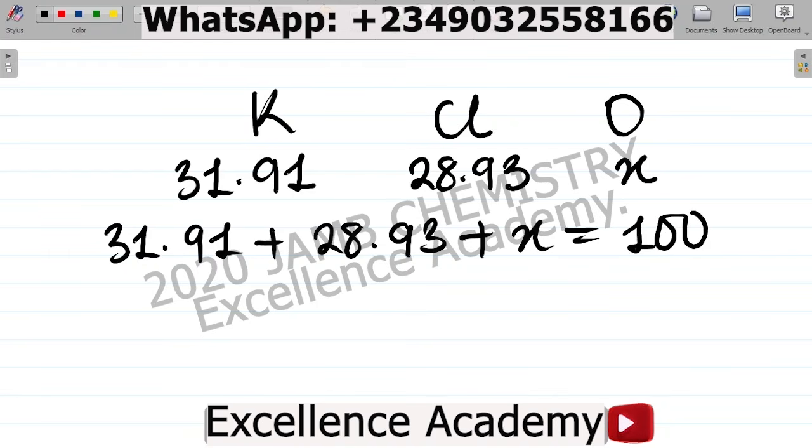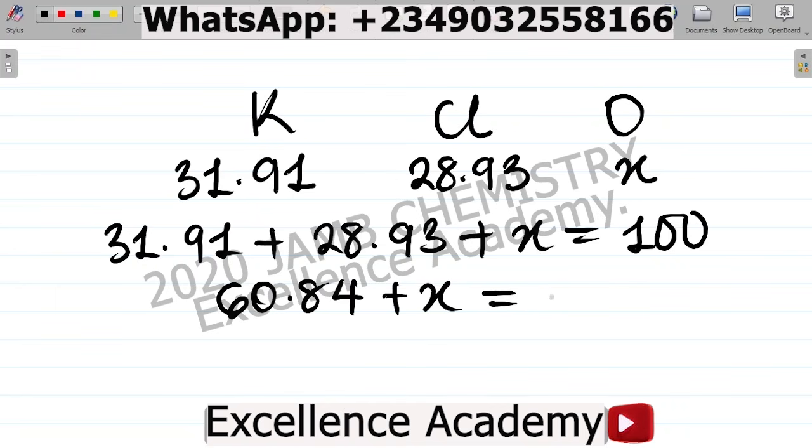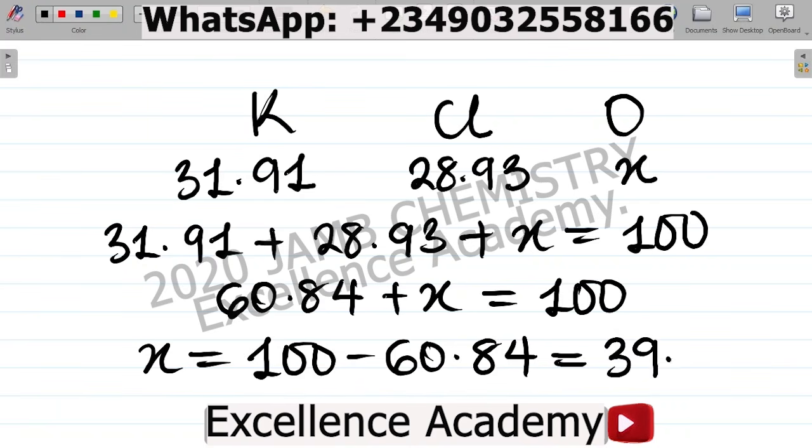At this point, all we have to do is to sum the first two values: 31.91 plus 28.93 gives 60.84. This plus X is equal to 100. The value of X here is equal to 100 minus 60.84, which is 39.16. So the percentage of oxygen is 39.16. All right, let's write down that value.